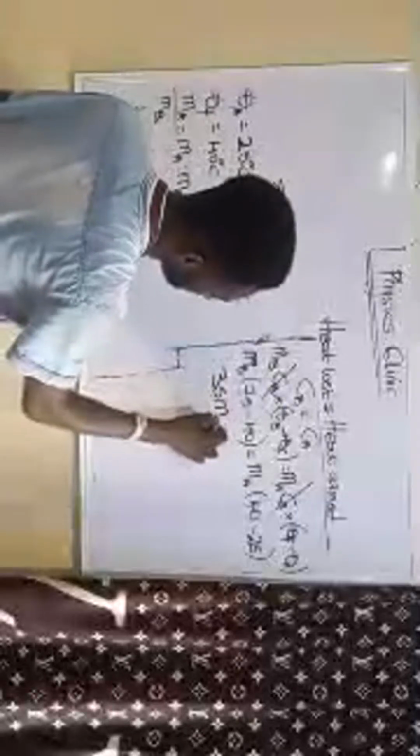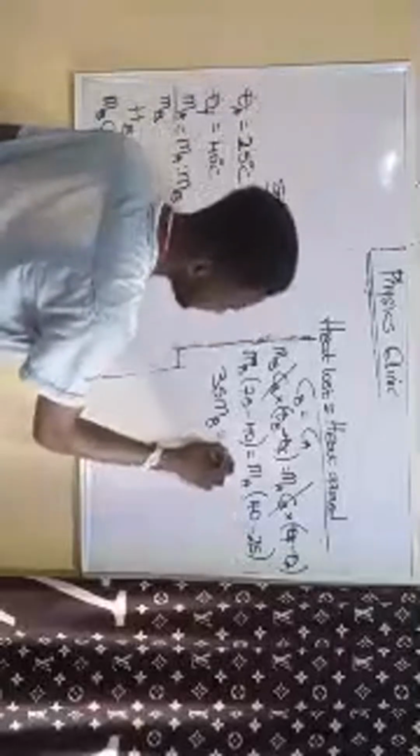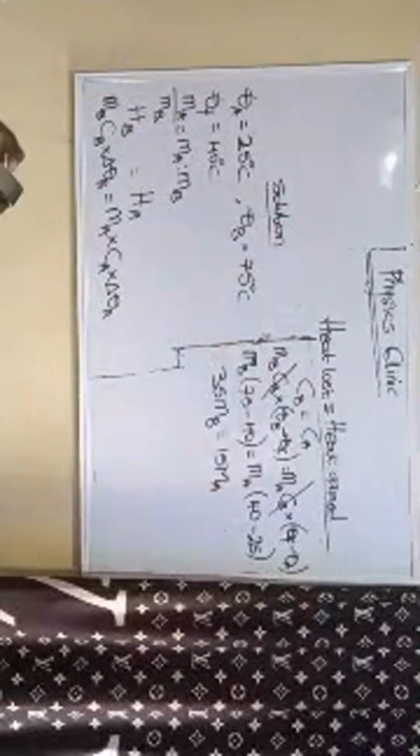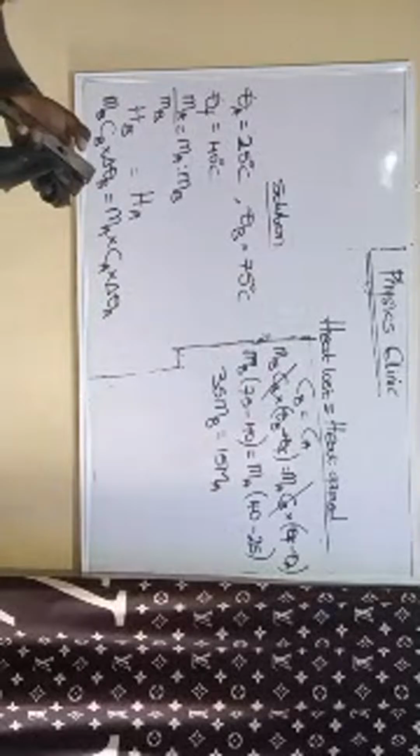So here will be 35 MB equal to 40 minus 25, which gives me 15. So this is 15 MA. Are you following?